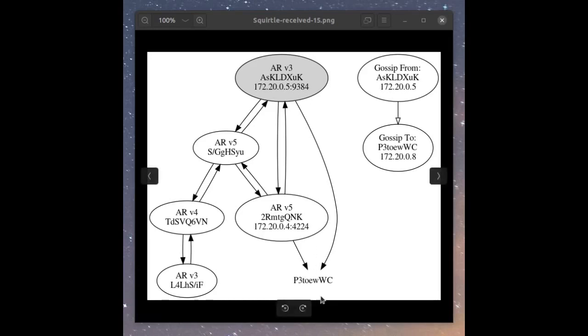Well, except these arrows aren't doubled, but that's again because you're not telling me anything about me. If you were, one of the things you'd tell me about me was that I had an arrow to here and an arrow to here, but you're not telling me that because I already know that, so it's not in the gossip. So what we're seeing is that the node that was killed is gone from the gossip, but it's still in the database.